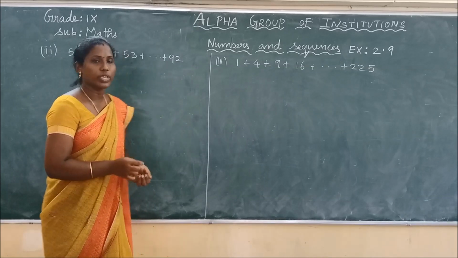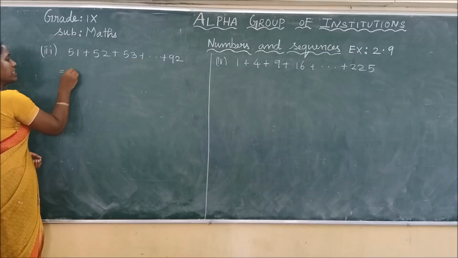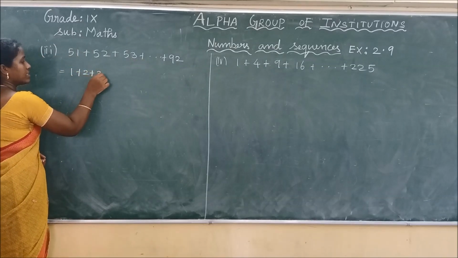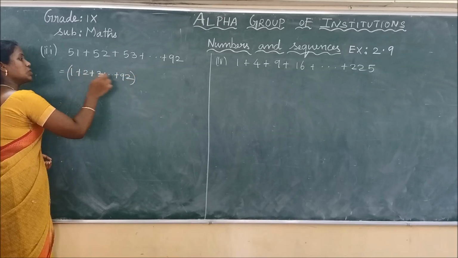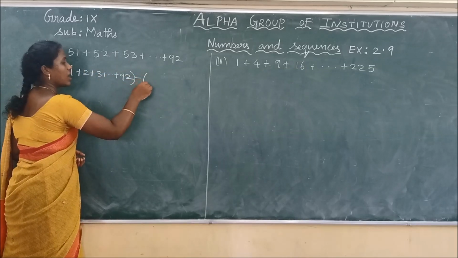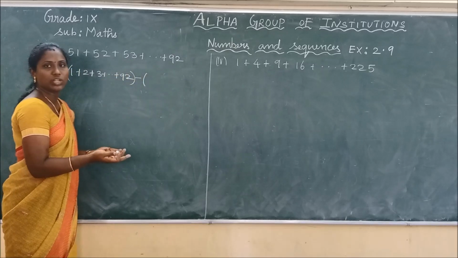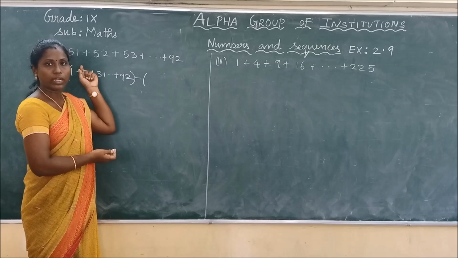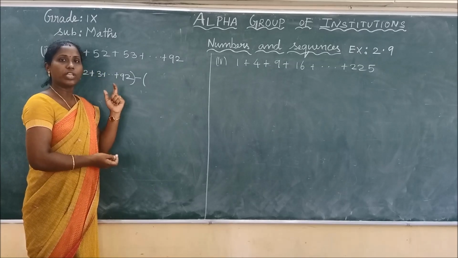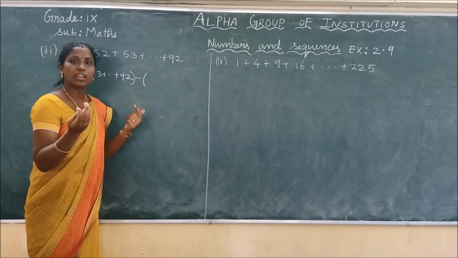So what we are going to do is rewrite the series as 1 plus 2 plus 3 plus etc. plus 92. We are taking 1 to 92 minus up to what? From where it starts, 51. Before 51, what is the number? 50. So 1 to 50 natural numbers are not there.